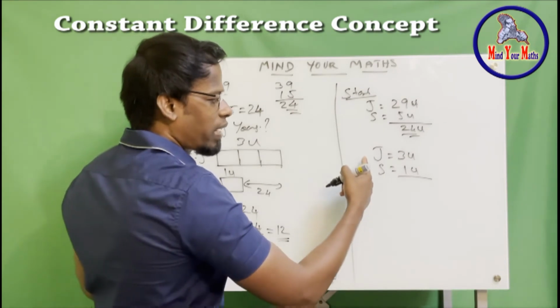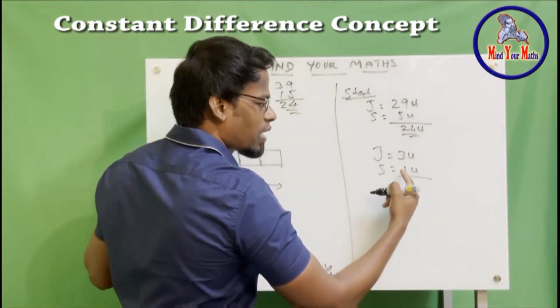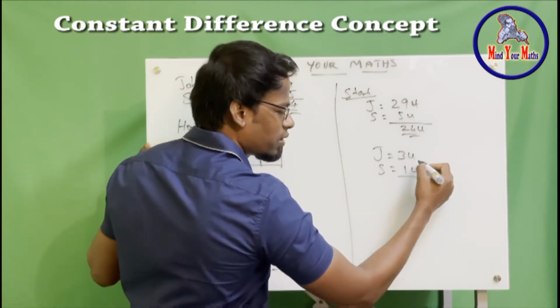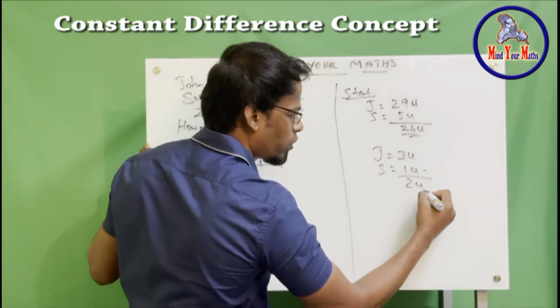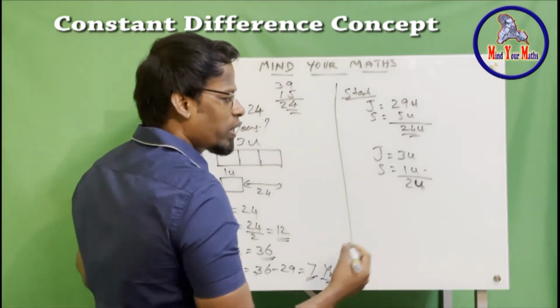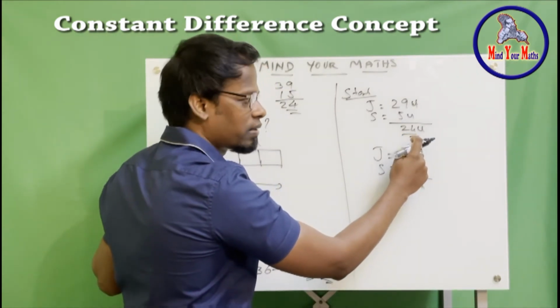So at the end, John is 3 units, his son is 1 unit, and the difference between them, just subtract, is 2 units. Now we know that 2 units is equal to 24 years.